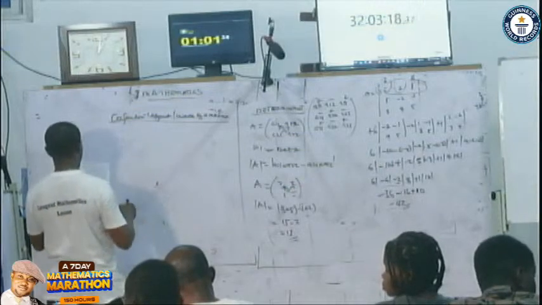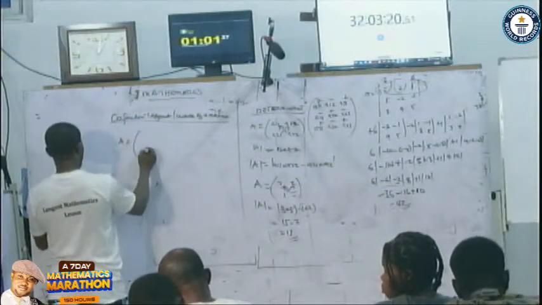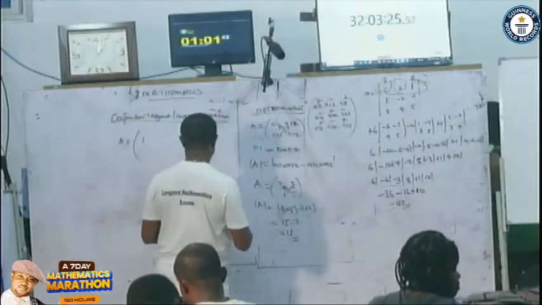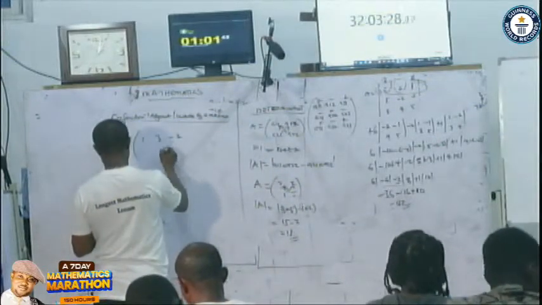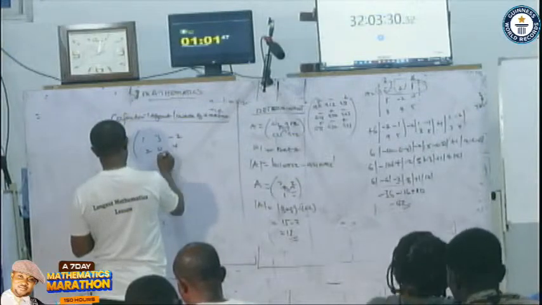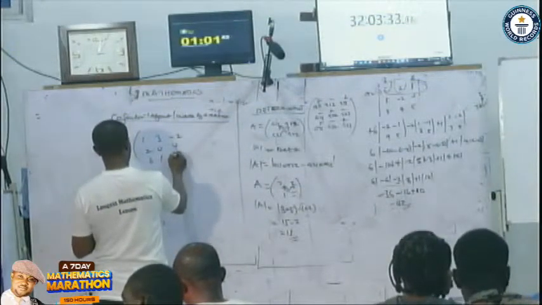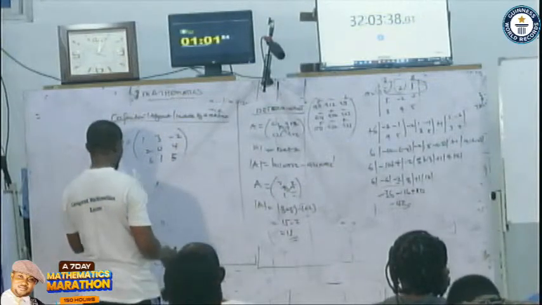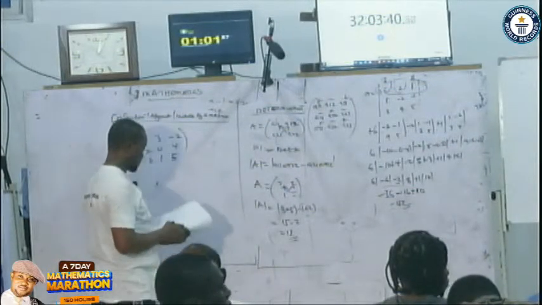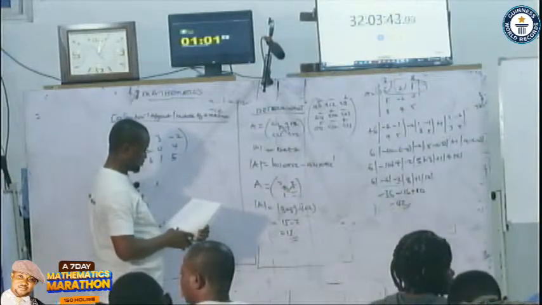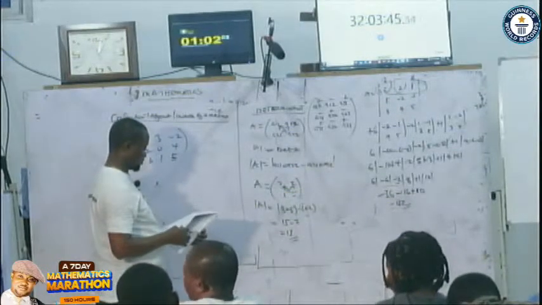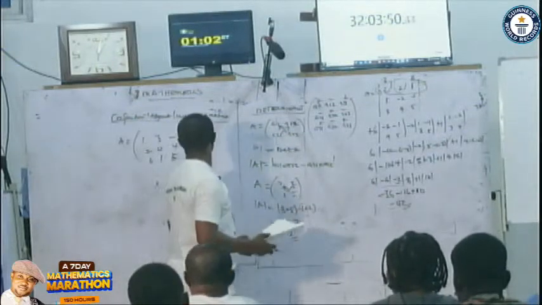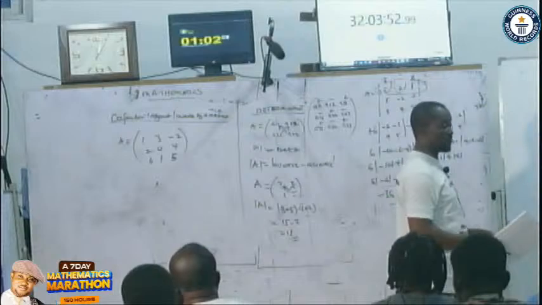Now, if we have matrix A, it will be 1, now you want to find the adjoint, the inverse of a matrix.